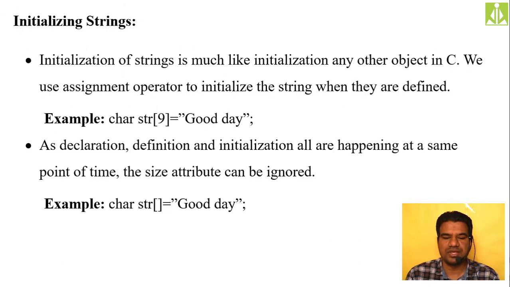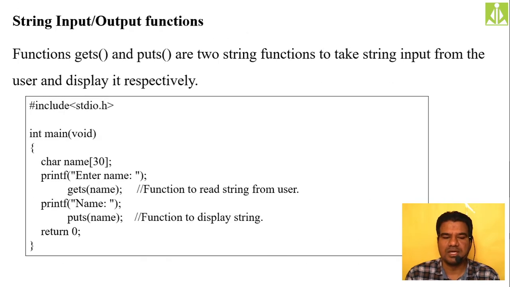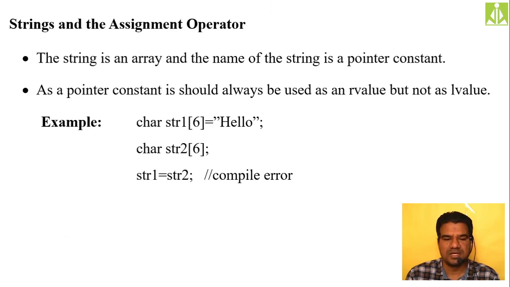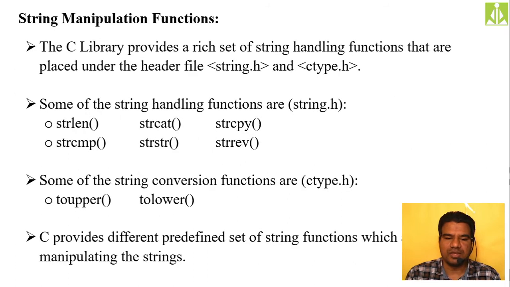Declaring and defining strings, initializing strings, string input output like gets and puts functions. String and assignment operator: we said it is not possible to assign one string to another string because both string names represent a constant address.